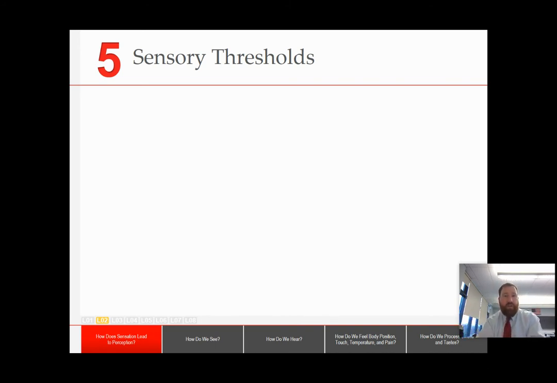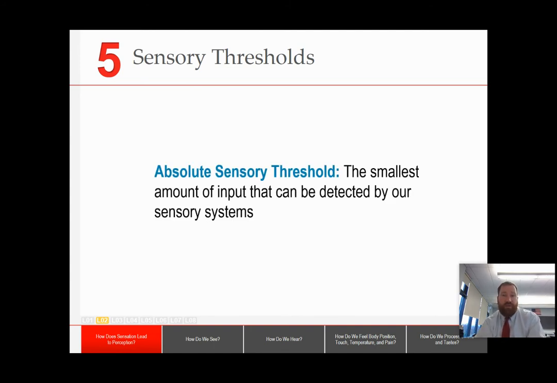So we call that the absolute sensory threshold. The absolute sensory threshold is the smallest amount of input that can be detected by our sensory systems. Each of our five main senses has a different absolute threshold. Now, this is done by average, so this is an average thing.